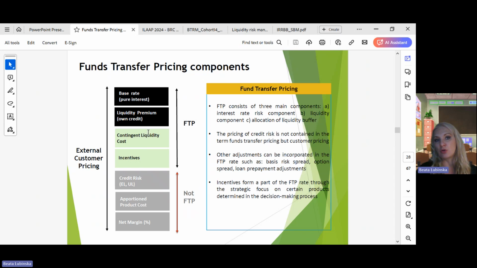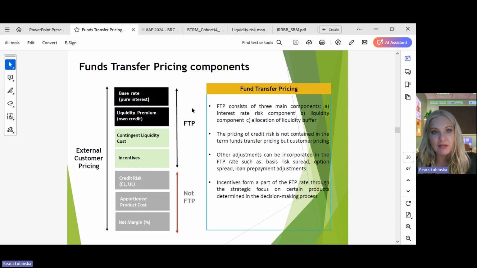Do we also charge for the pipeline prepayment potential rate? So the fact that products can be early withdrawn, repaid, and withdrawn on the liability side. So we have to allocate these additional spreads.